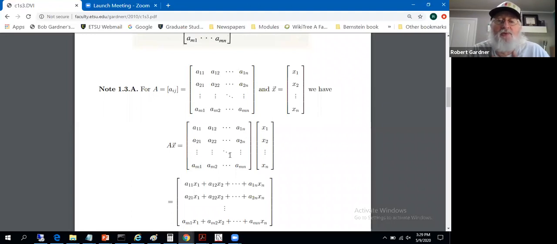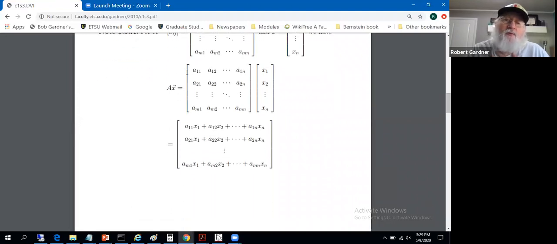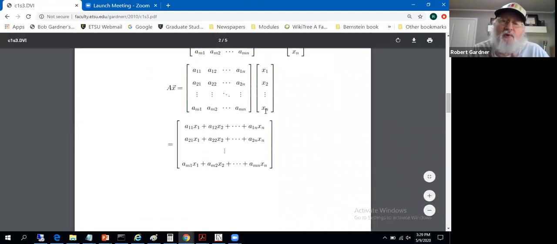Here's matrix A, and here's that column vector x. If we compute that product, we'll do first row times first column. There aren't any other columns, so that's it. Second row, first column. Last row, first column.